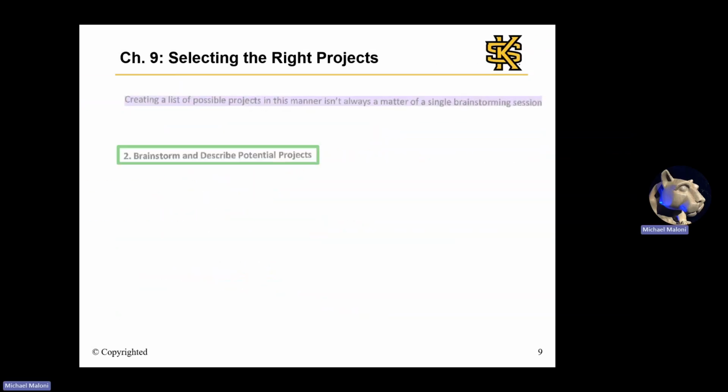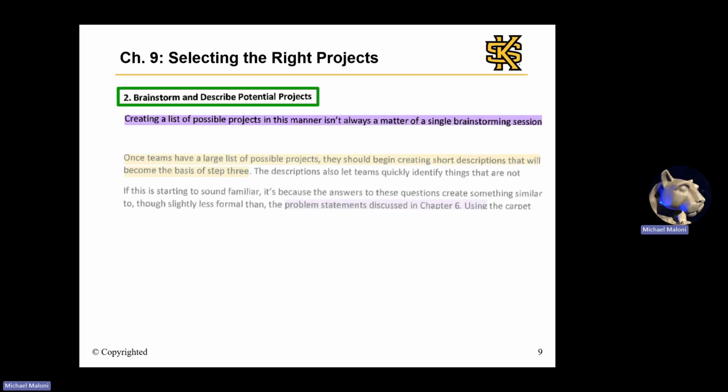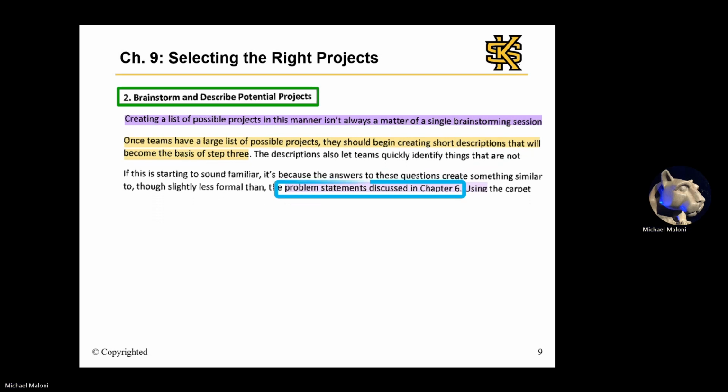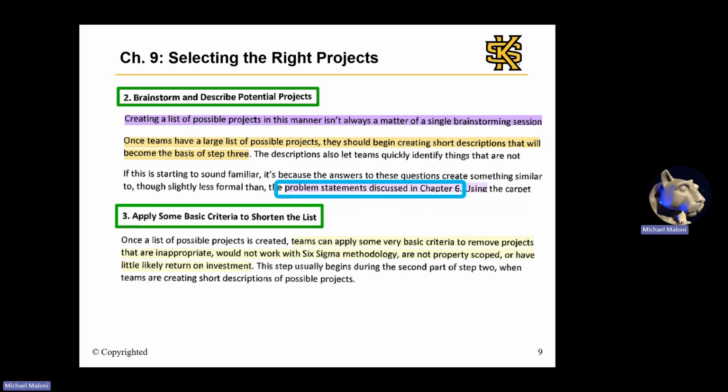Number 2 is brainstorm and describe potential projects. The organization can evaluate potential projects over time, including developing effective problem statements, as we learned in Chapter 6. Then number 3 is apply basic criteria to shorten the list.